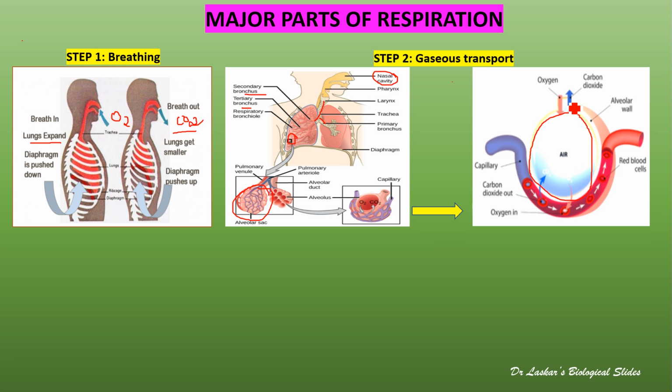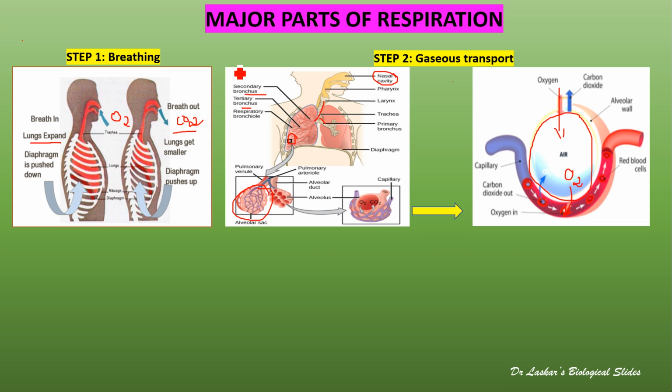Now the oxygen which entered through the inhalation process, passing through the primary, secondary and tertiary bronchi, finally enters inside the alveolus. That oxygen, now present inside the air sac, moves to the neighboring blood capillaries, and now it moves inside the RBCs, because RBCs are the main blood cells which help in the transportation of the oxygen.